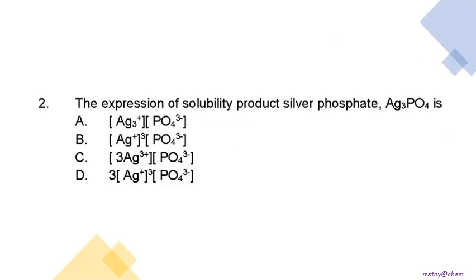Question number 2, expression for the solubility product for silver phosphate. Before we write the KSP expression, it is better to write down the chemical equation. Silver phosphate, when it dissociates, will produce Ag plus, which is 3, while the PO4 is only 1 mole, with the charge 3 negative.